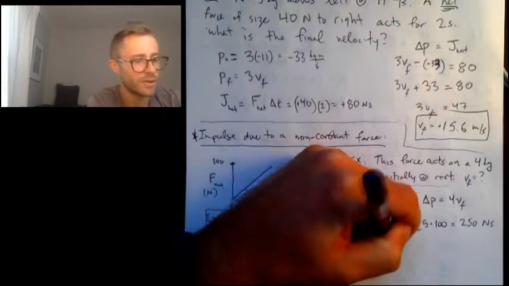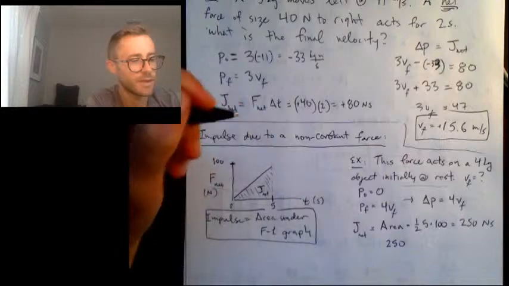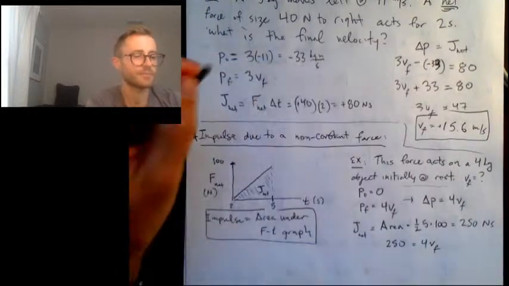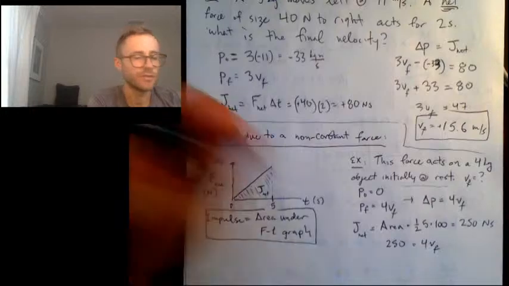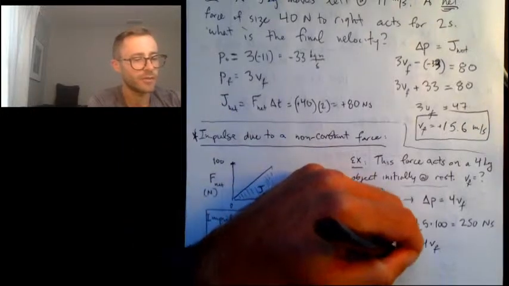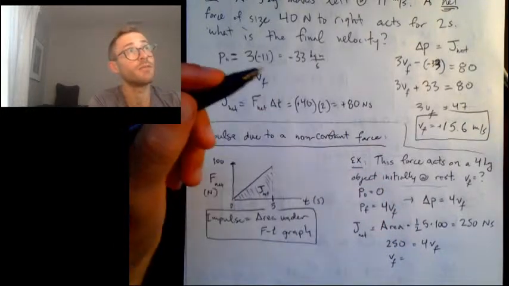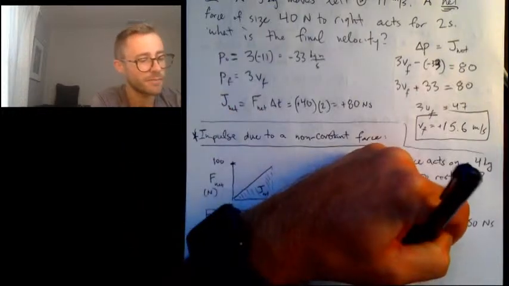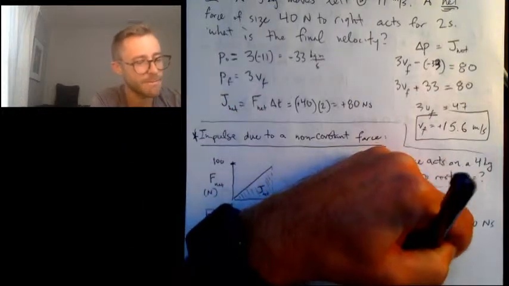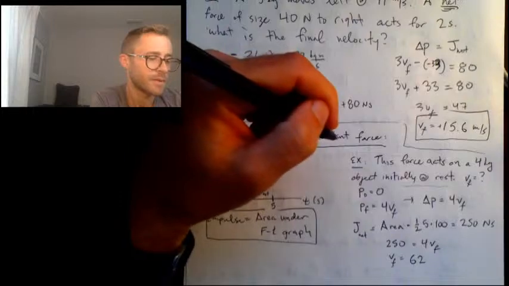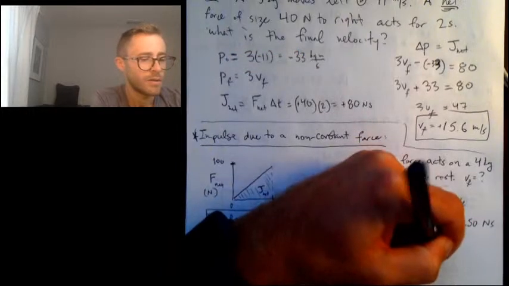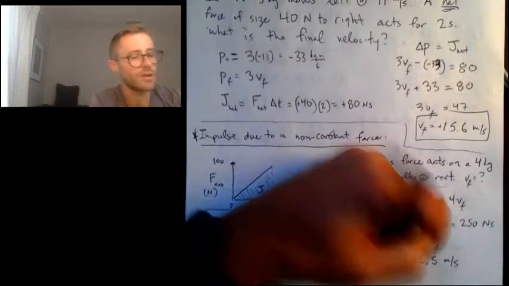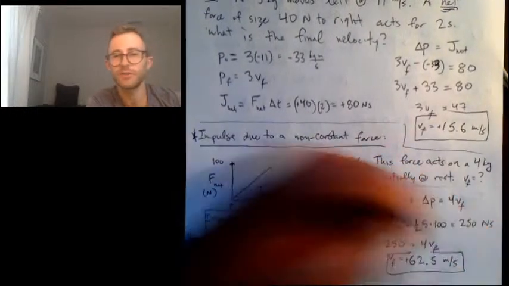So I have 250 equals 4 v final. So v final, after dividing by 4, we get 125 divided by 2, which is 62.5 meters per second, the final velocity.